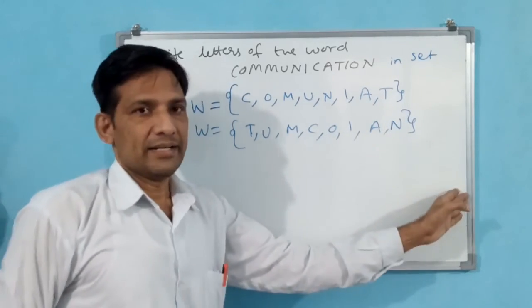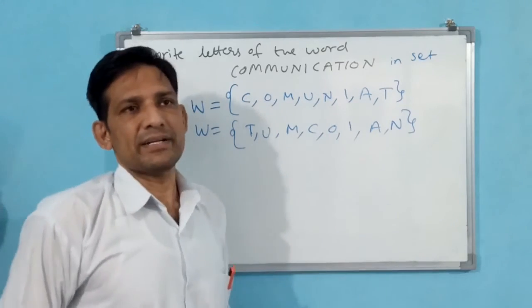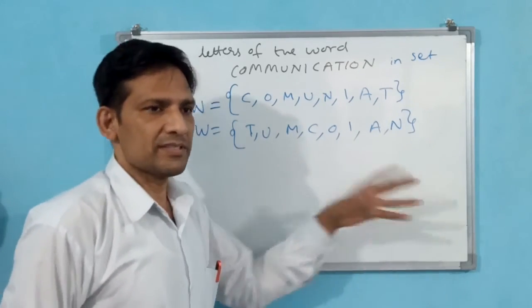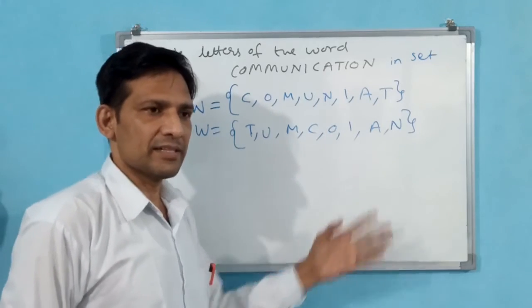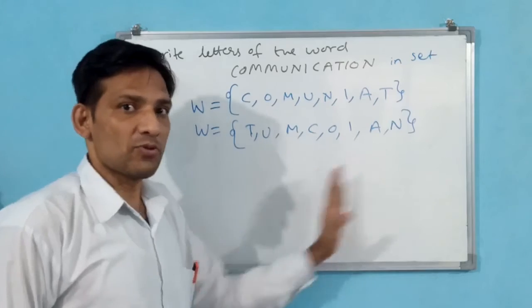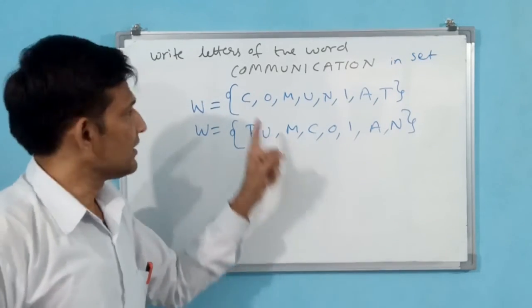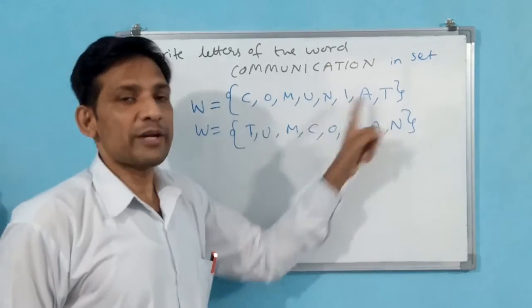This is also correct. That means writing the set in order is not important. You can write first, second, or second, first, third, or second, third, first, fourth. Like that you can write.